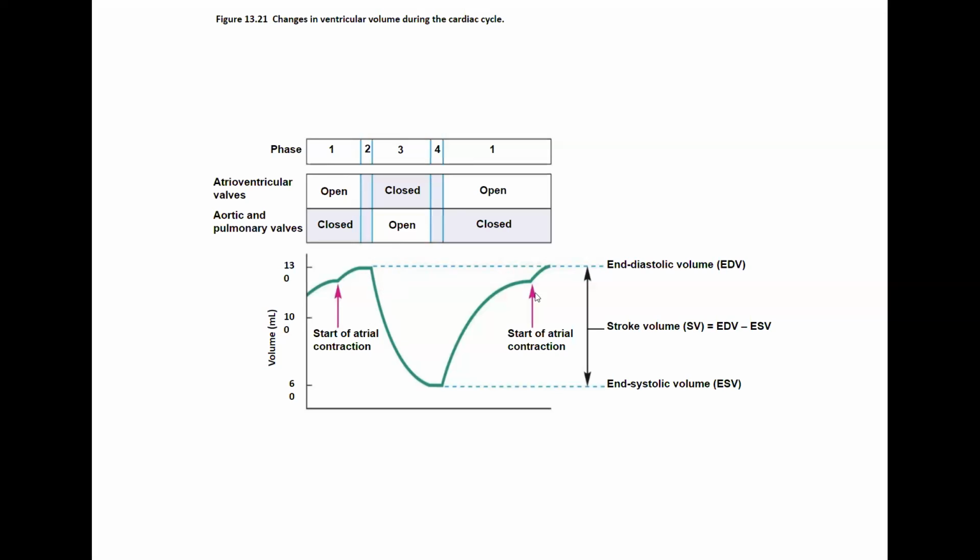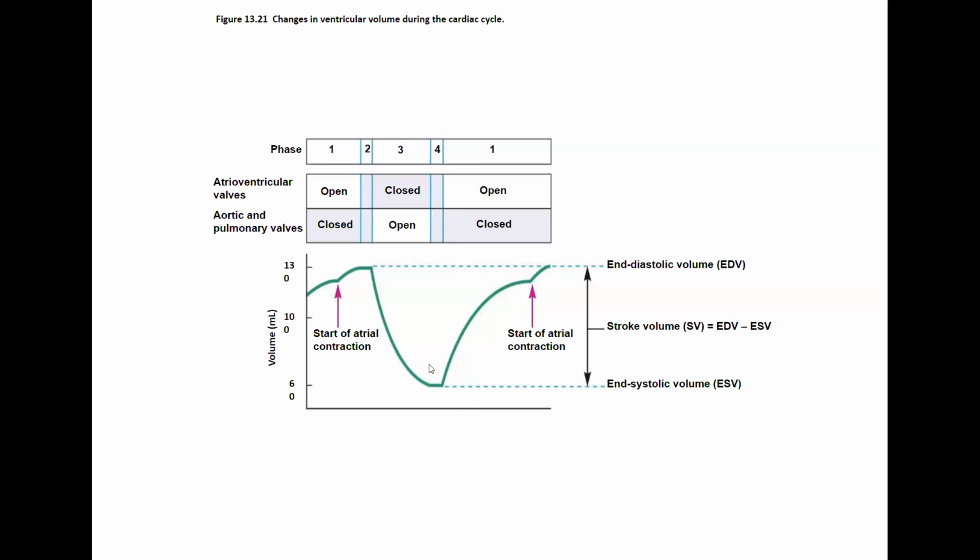The amount of blood that leaves our heart is our stroke volume. So if we measured from this peak to this trough, that would give us the stroke volume. Then we could also look at how much blood is left in the heart at the end of systole. So we'd have our end systolic volume, this blood that didn't get out.